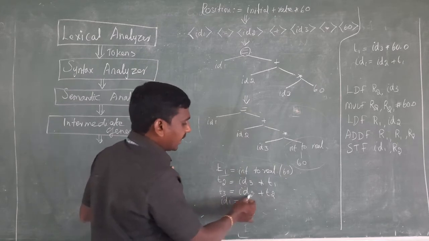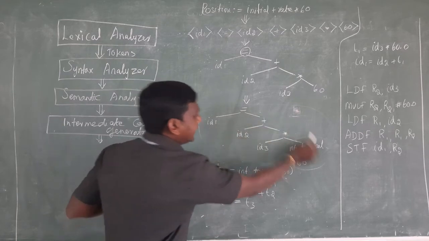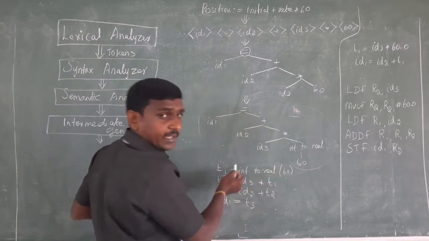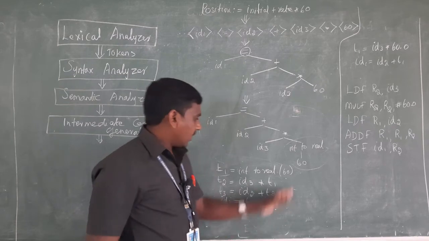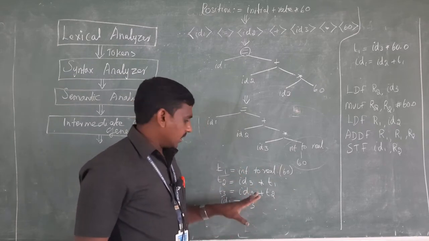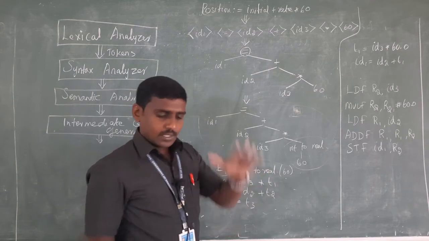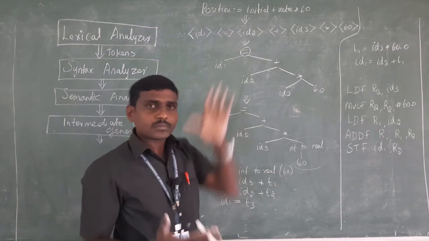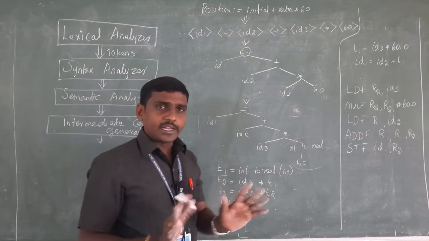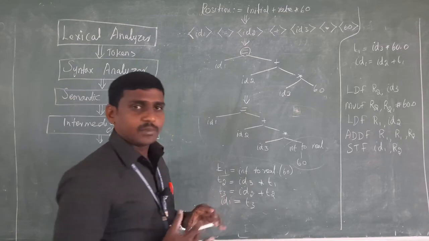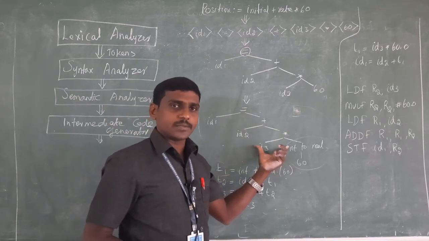So T3 equals ID2 plus T2. Clear? And now everything is in T3, and it is assigned: ID1 equals T3. Like this, this is the temporary code, that means intermediate code. Between source code and machine code we have one intermediate code that we cannot see; the compiler performs it based on the parse tree. Clear?